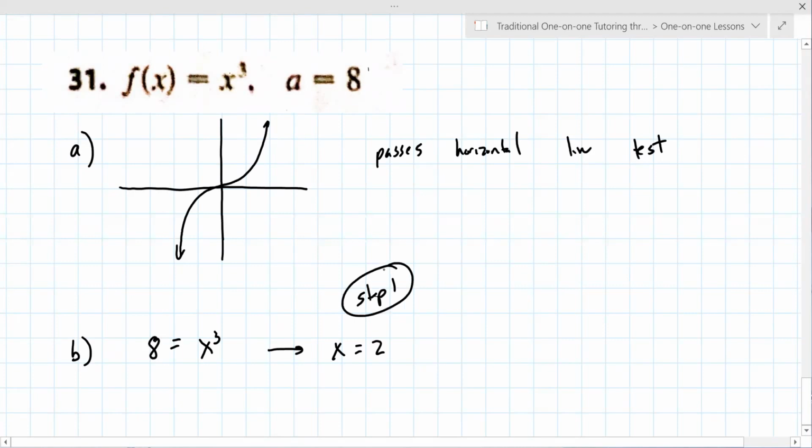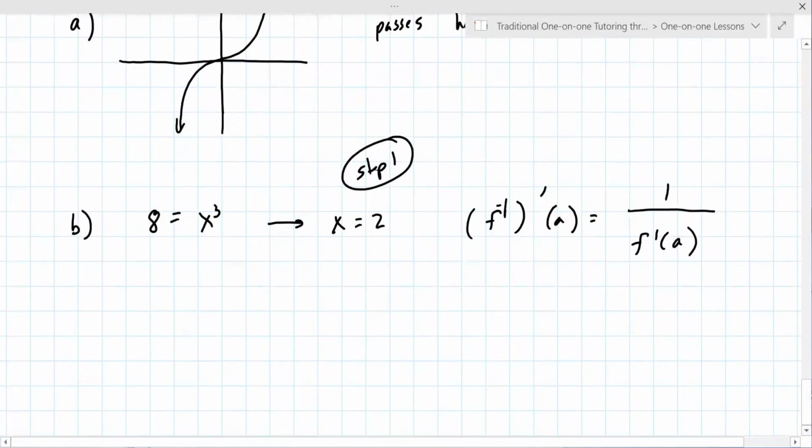Then you have to write down the derivative thing, which I believe is the derivative of f inverse at a equals 1 over f prime of a. Is that right? Yes. Okay. This is never used again, by the way, in calculus. So this is the only time you ever do this. It's really weird, but they have you do it here. You introduced that formula to us today.